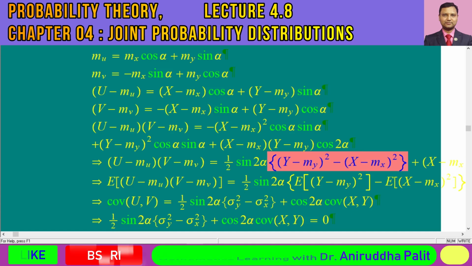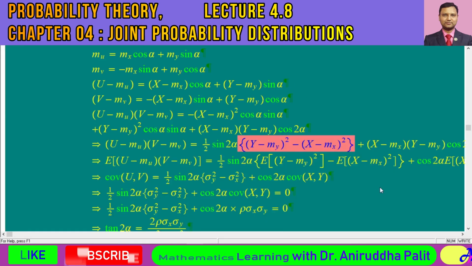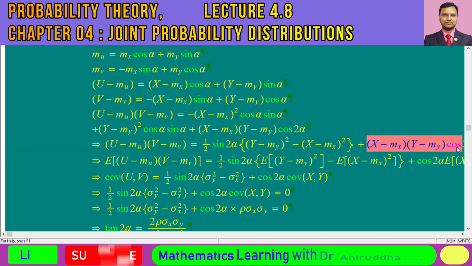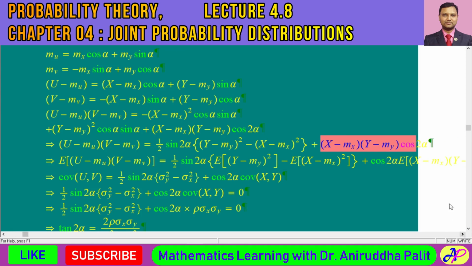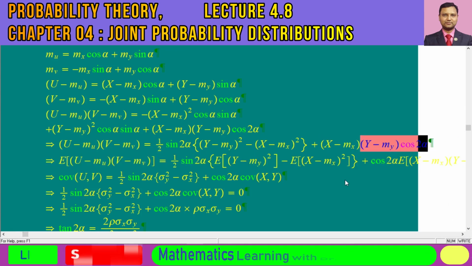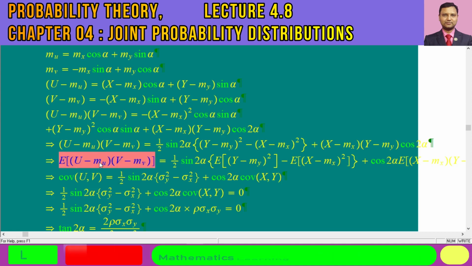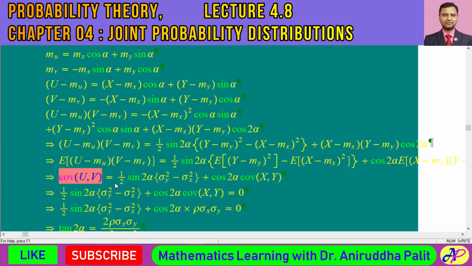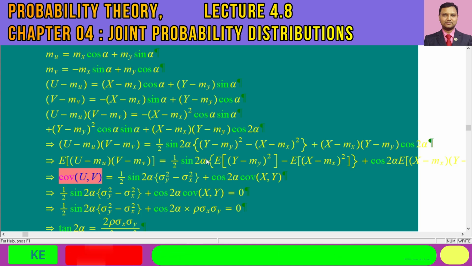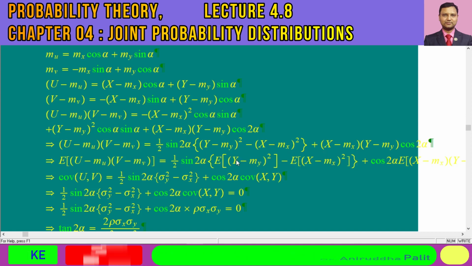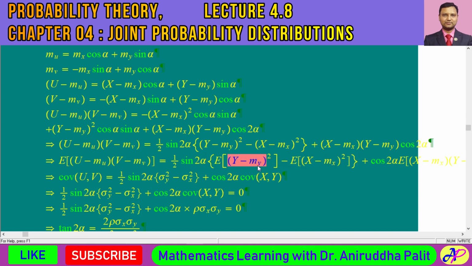So we actually have this type of term, and the remaining third term will remain unchanged: x minus mx into y minus my into cos of twice alpha. Now, if we take the expectation on both sides, on the left side we shall have the covariance of u comma v, and on the right side we shall have the expectation of this first term, y minus my whole square.